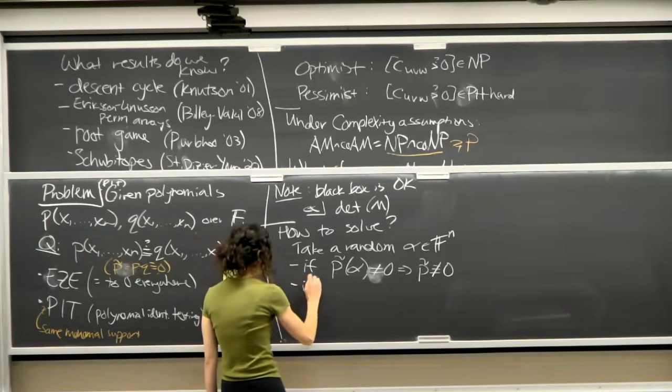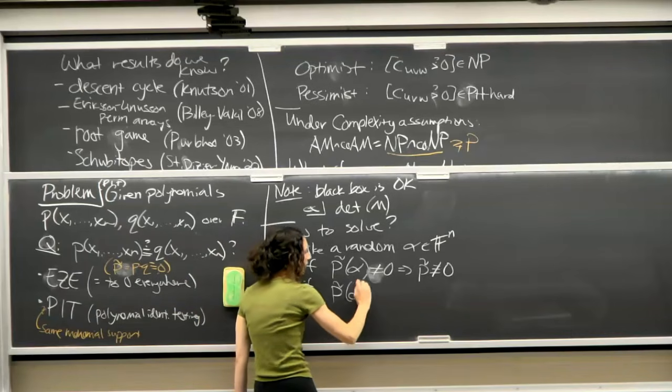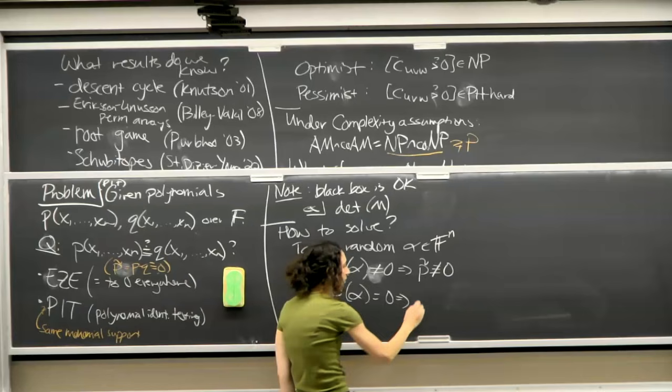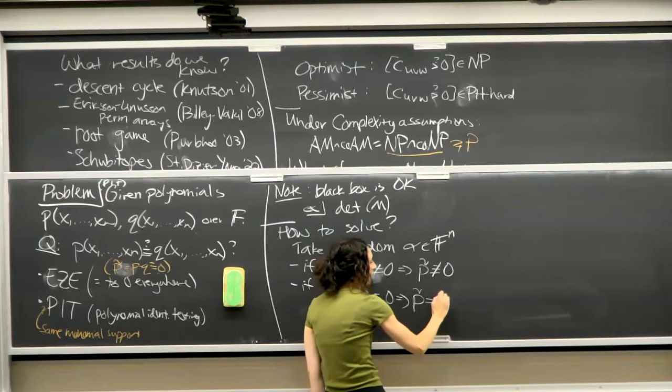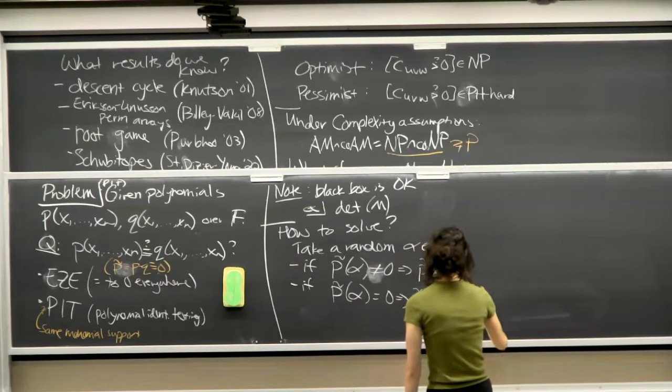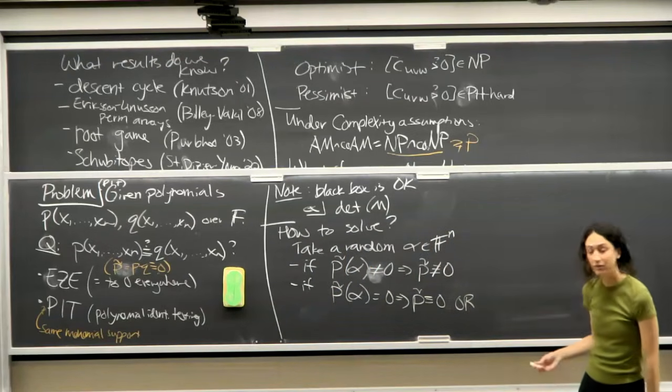And if I do get 0, then two things can happen: either it was identically 0, or I accidentally found a root.